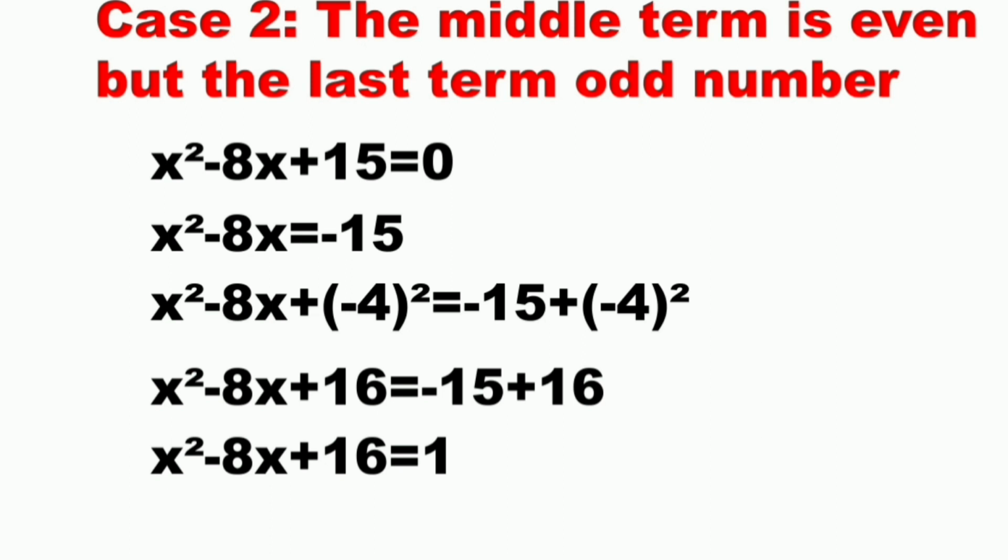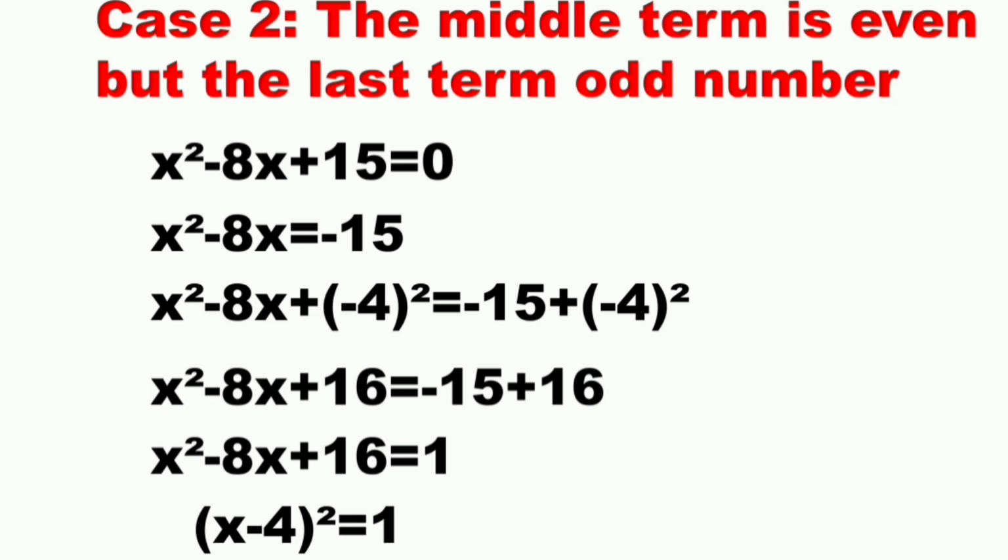And this is now a perfect square trinomial. The left side of the equation is a perfect square trinomial, which can be factored using the number that is being squared, which is negative 4. So this can be factored as x minus 4 squared equals 1.